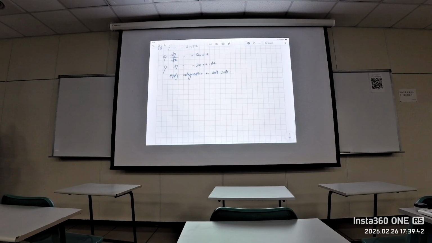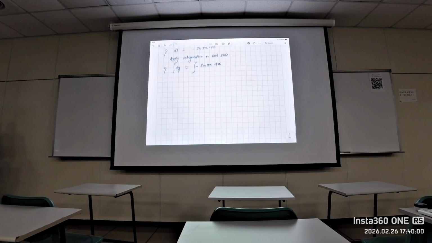So that means when I apply integration both sides, it will be integration dy equals integration minus sine pi x dx, and here I apply the integration. So what I will get here, I will get y and then sine pi x integration. Anybody remember? What is the integration of sine x?